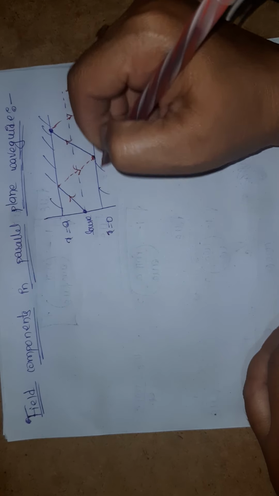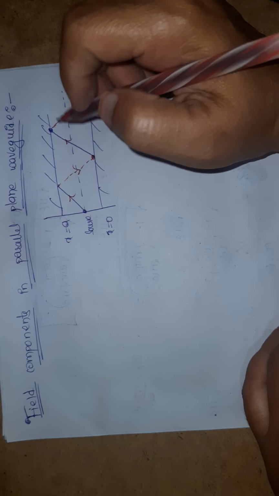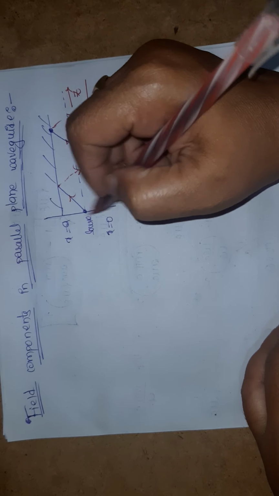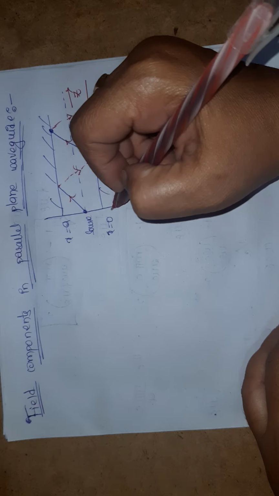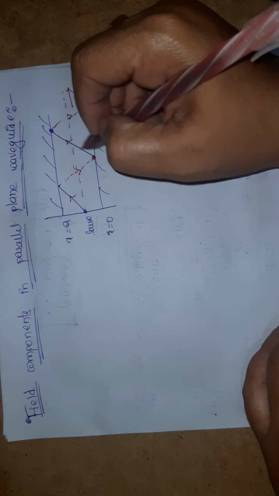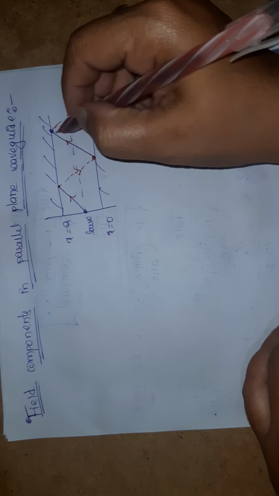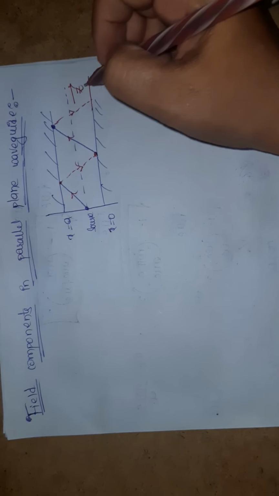And these are the two parallel plates and these have infinite length along y direction, and here the wave is restricted along x direction because the wave is touching here, reflecting back, touching here, reflecting back.